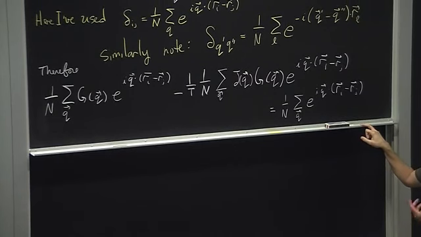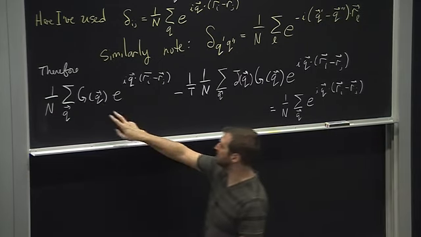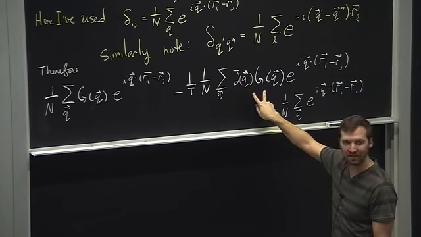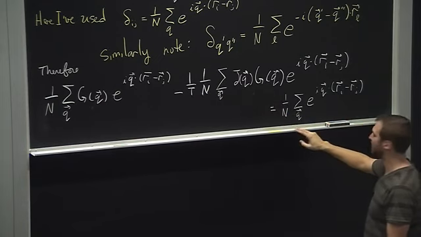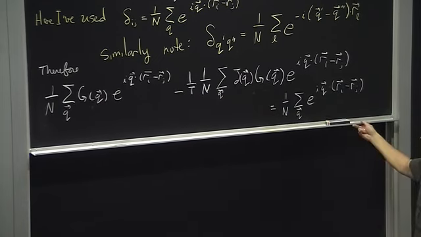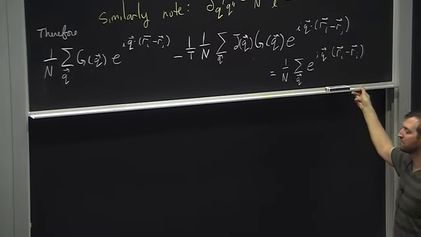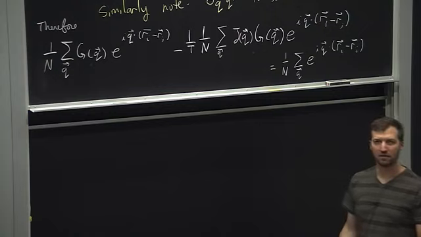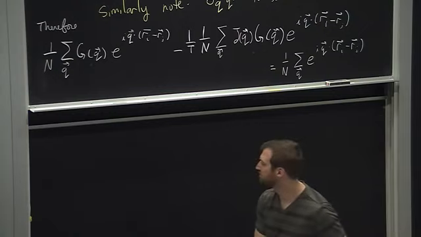Just equate all the terms inside those sums. Okay, so it means this thing is equal to 1 over t, like this thing is equal to 1. Make sense?